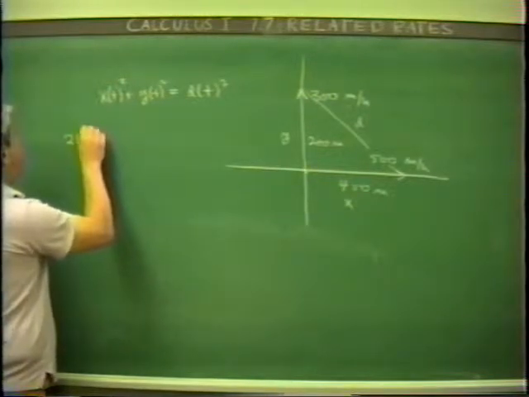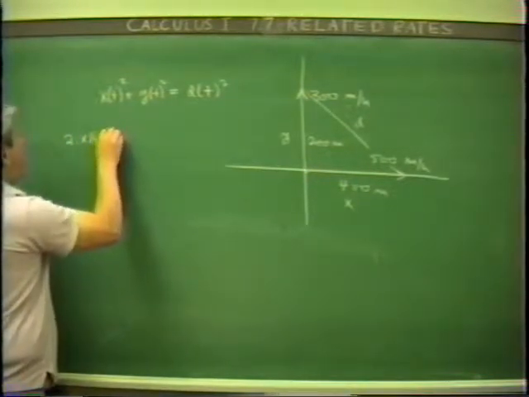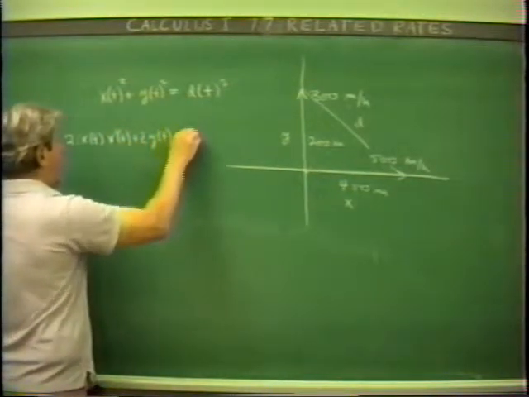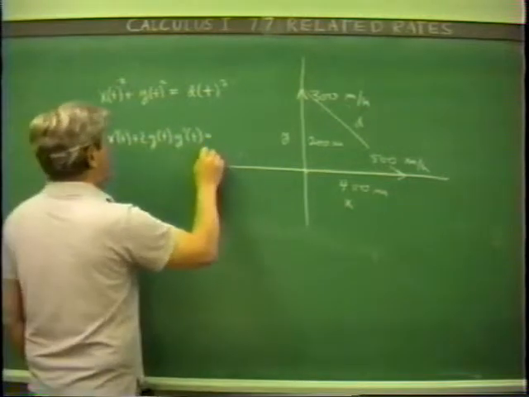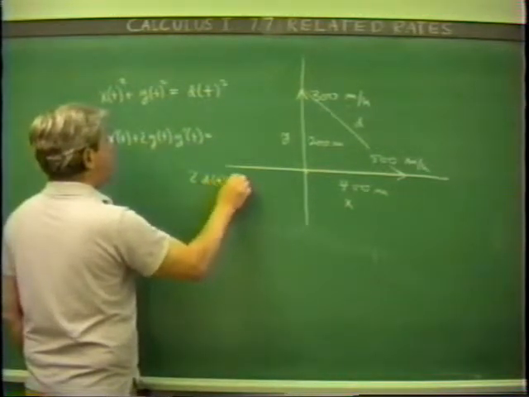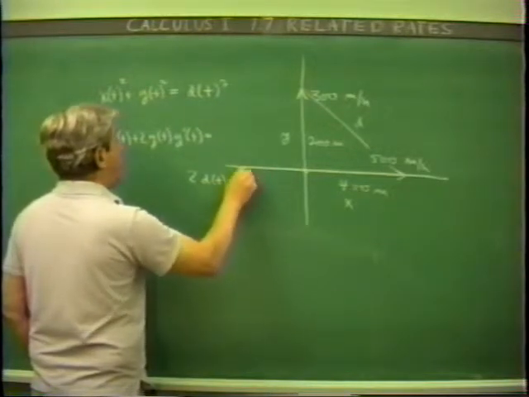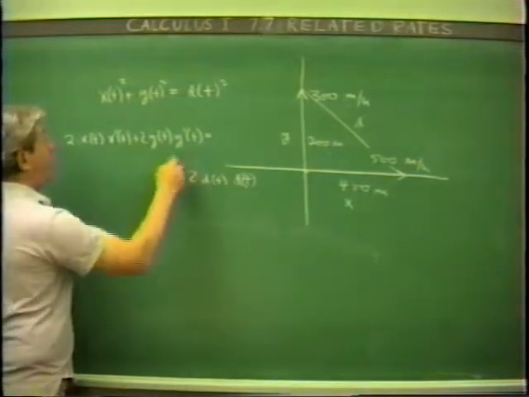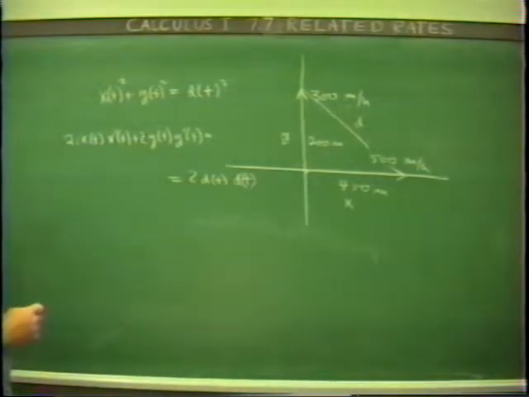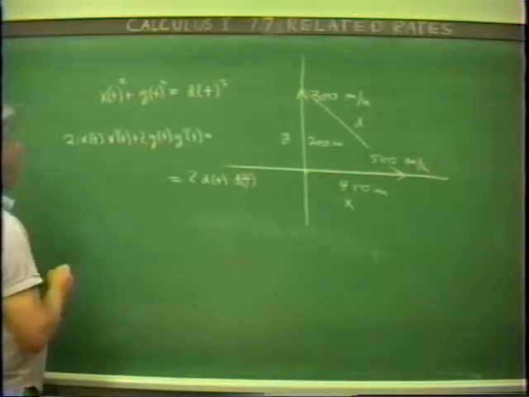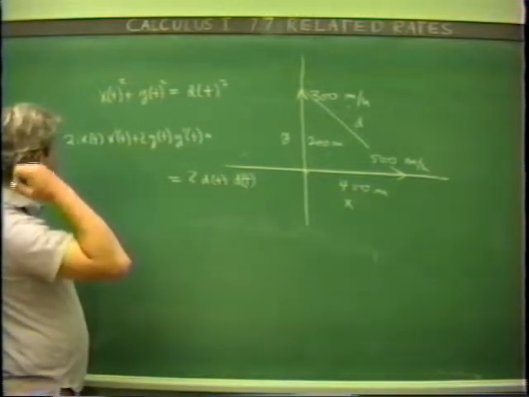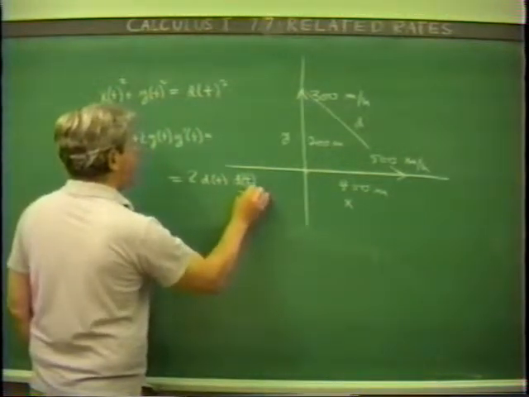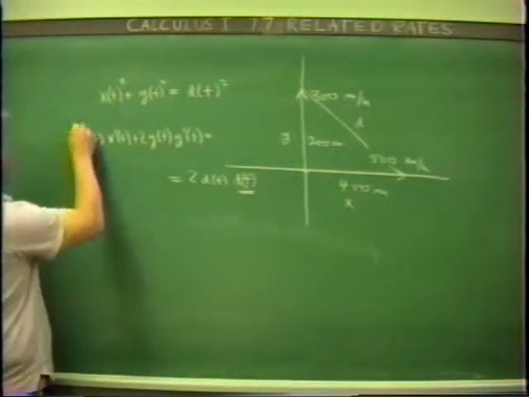If we differentiate this, we get 2x of t, x prime of t, plus 2y of t, y prime of t is equal to 2 d of t, d prime of t. So then this holds at the particular time that we're interested in. And now what we want to do is to solve for d prime of t at the time we're interested in.